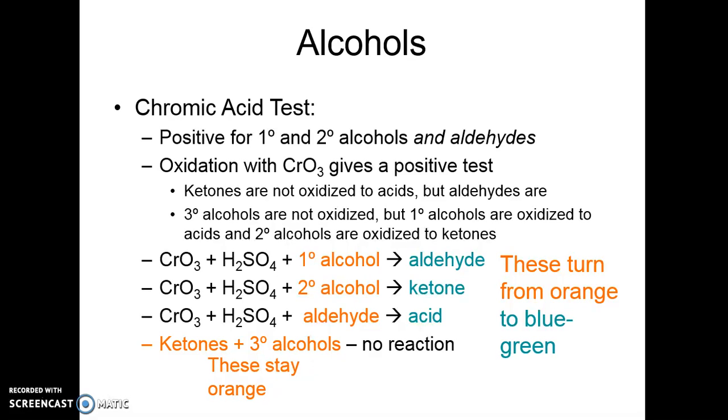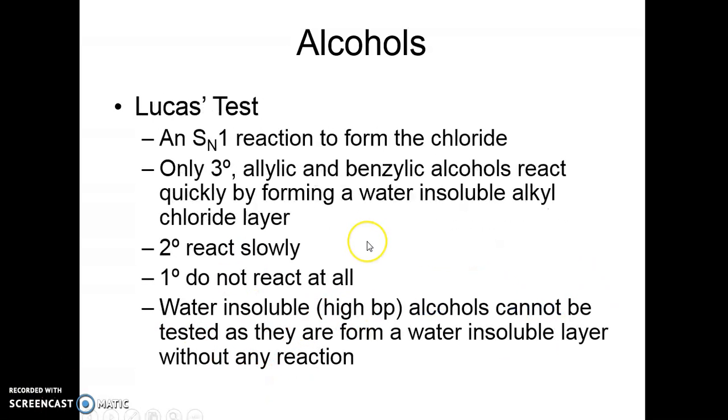Again, you have to interpret this within a few minutes of starting the test, because you can have changes occur due to other things. So this can help you either exclude primary and secondary alcohols and aldehydes, or include them, or exclude ketones and tertiary alcohols.